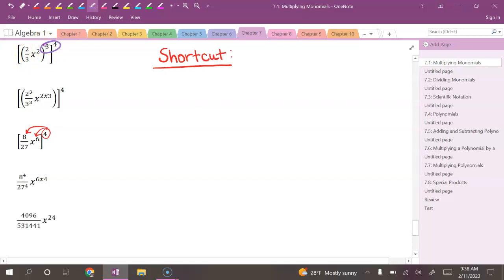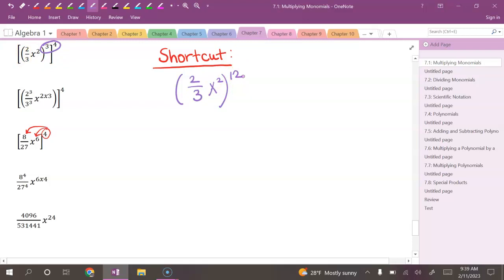And what they decided to do is multiply them, because they're using that product of, or the power of powers property here. So they're taking 3 times 4, and so they rewrote this as 2/3 x squared, because that's what's inside, and now it's raised to the 12th power, because they took 3 times 4.